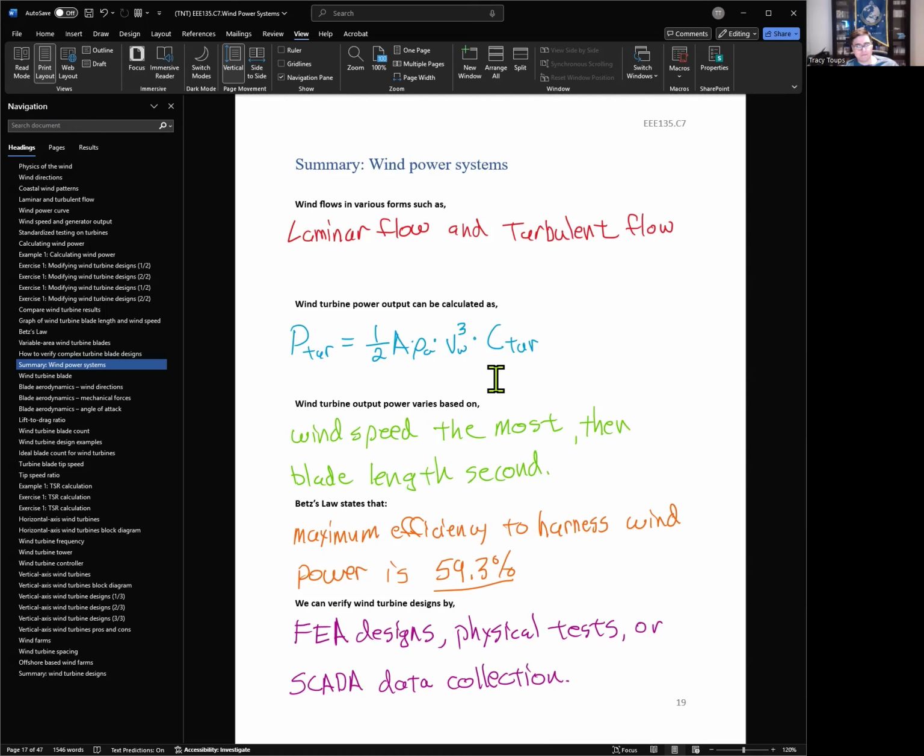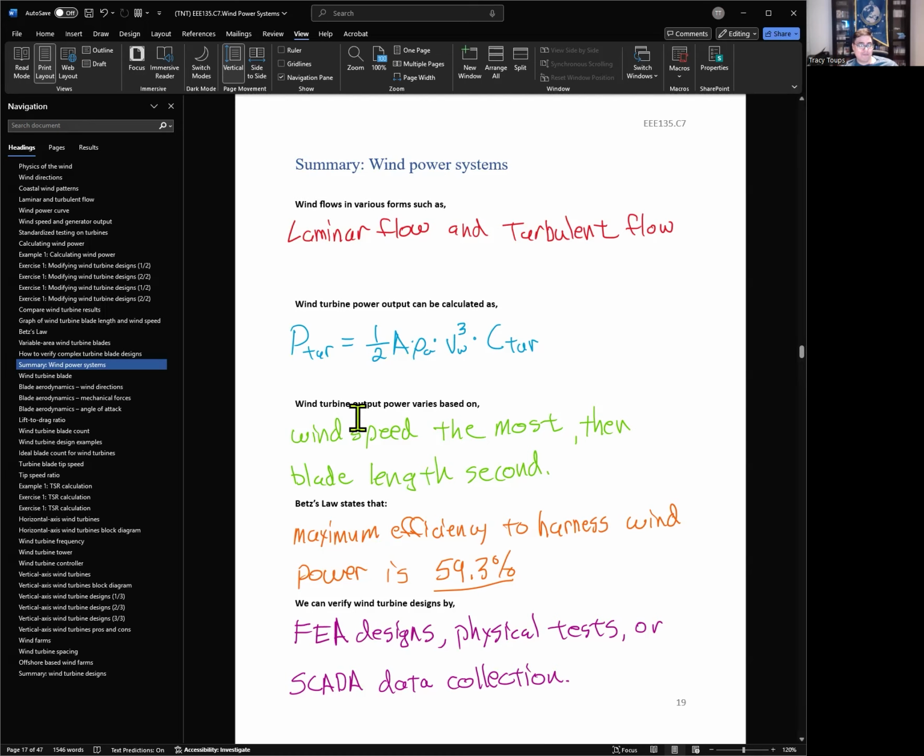Okay. Wind turbine output power will vary based on the wind speed the most. So the wind speed has the highest factor of power variation. Then it'll be blade length because that affects the area. And then other things after that are the air pressure and other small things. But those don't really change.